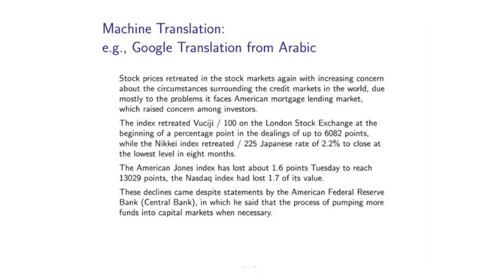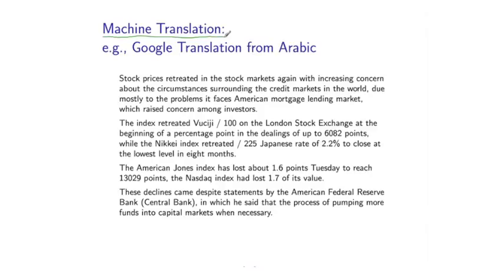So we should first consider some key applications in NLP. One of the oldest applications, and a problem of great importance, is machine translation. This is the problem of mapping sentences in one language to sentences in another language. And this is a very challenging task, but remarkable progress has been made in the last 10 or 20 years in this area.